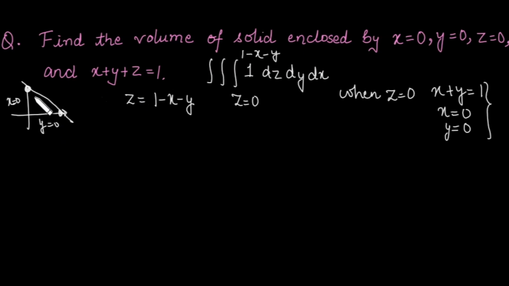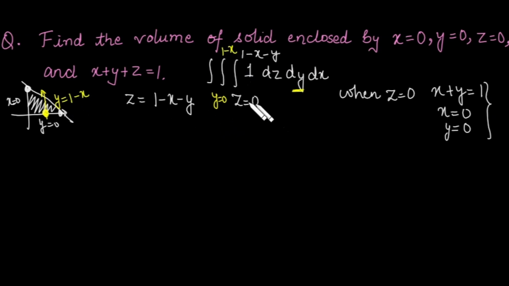So over here the bounded region is here. Now we need to take the limit first with respect to y. How to take this one? Take a line parallel to the y-axis passing through this region. Entering curve is y is equal to 0. And exit curve, this line is x plus y is equal to 1. From here the value of y is 1 minus x and that is the upper limit.